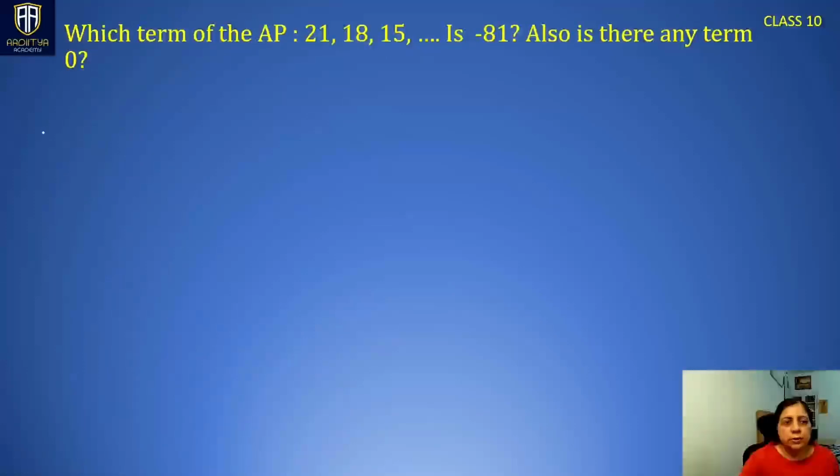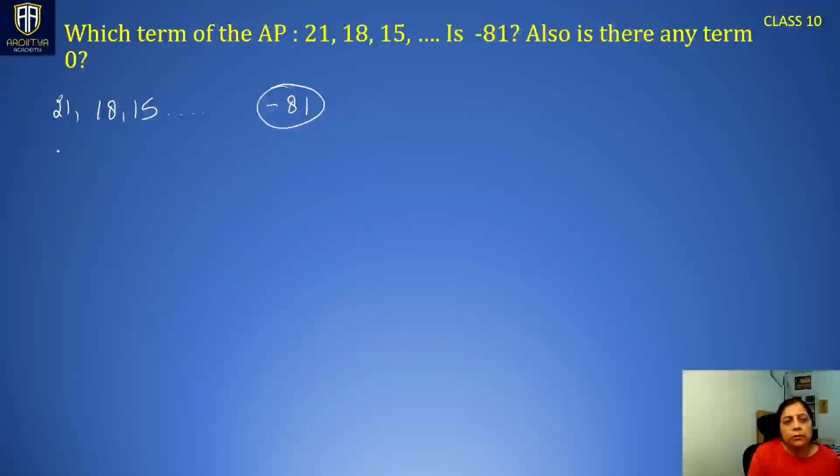Now the next question says, which term of the AP 21, 18, 15 is negative 81? In this case, you have to find the number of the term at which minus 81 exists in this sequence.